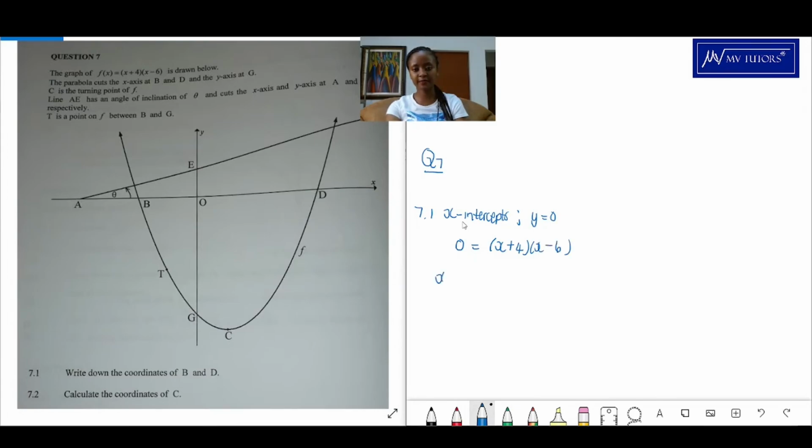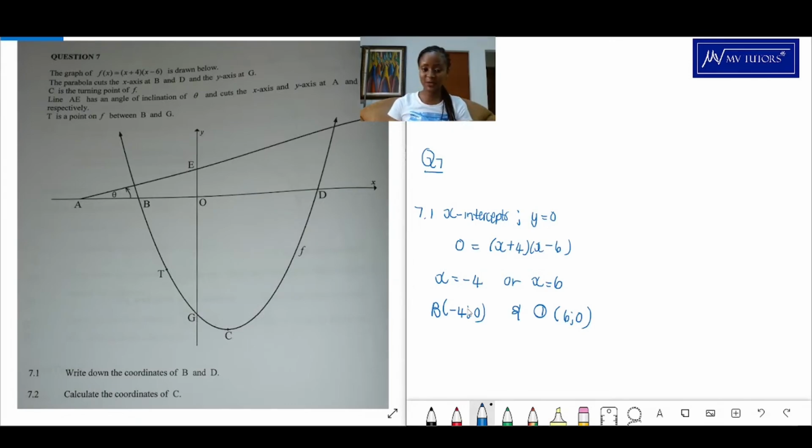When you solve it, x is equal to -4 or x is equal to 6. So B goes with -4: B is (-4; 0), and D is (6; 0). Those are your coordinates for B and D.